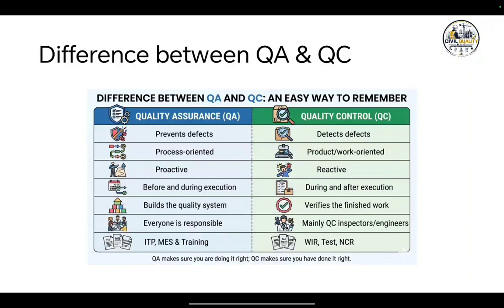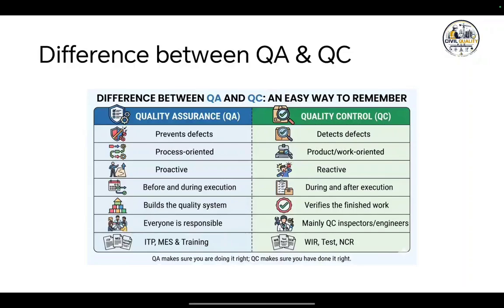Quality assurance is process oriented, whereas quality control is product or work oriented. Quality assurance is proactive and quality control is reactive. Quality assurance is done before or during execution, as we saw in the previous example, and quality control is done during or after execution. We have seen a previous example in the previous slides.